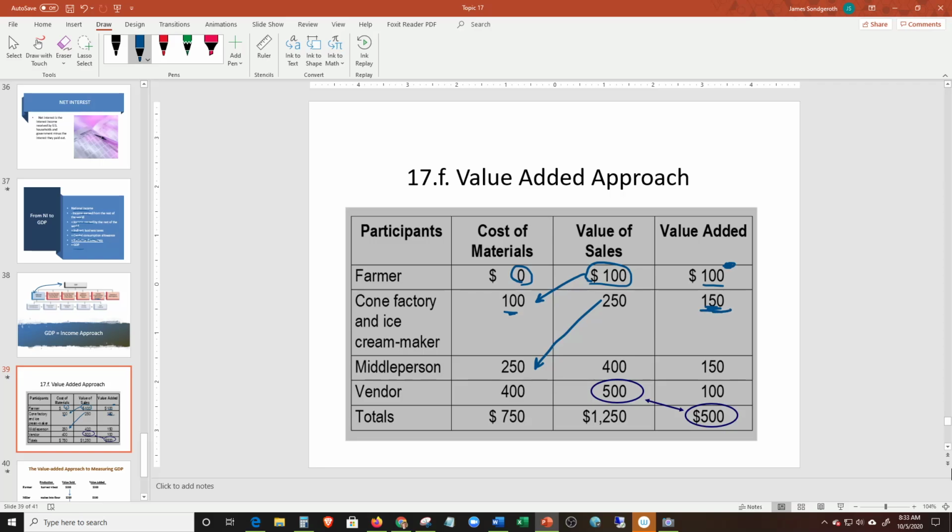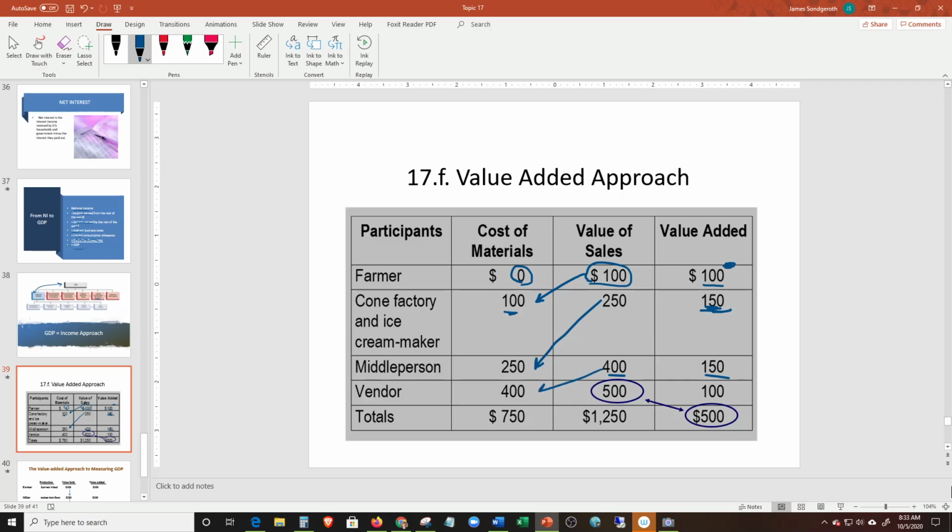The middle person then takes this wholesale good and has his sales people go around and sell it, and they sell it for $400. He needs to subtract the 250 in intermediate goods, and so his sales people and he have added $150 value to the product.